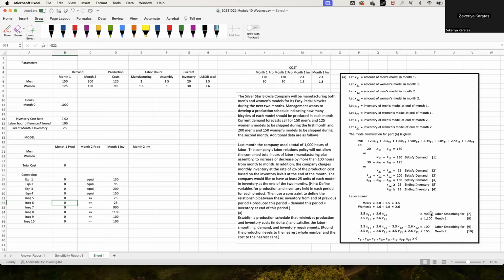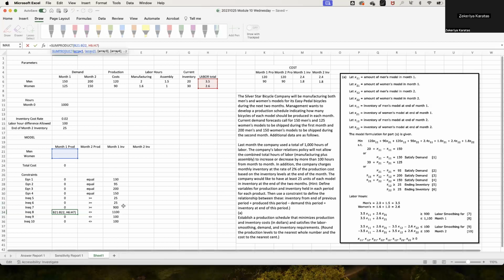So I combine them, I should be getting greater than or equal 900 or less than or equal 1,100. So it's right here. This is sum product. I need to multiply the productions by the labor hours, and that should be greater than or equal 900. And also the same expression should be less than or equal 1,100. So I choose these two, and I use sum product.